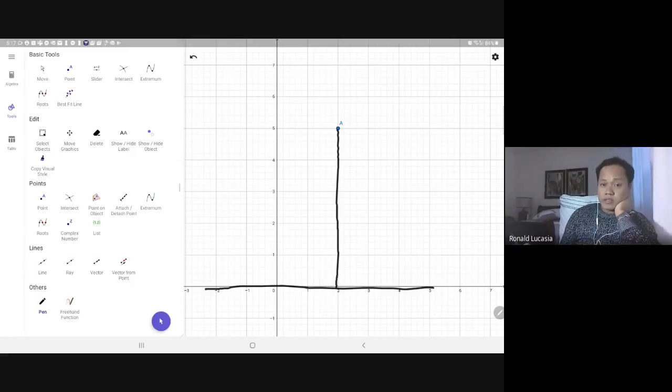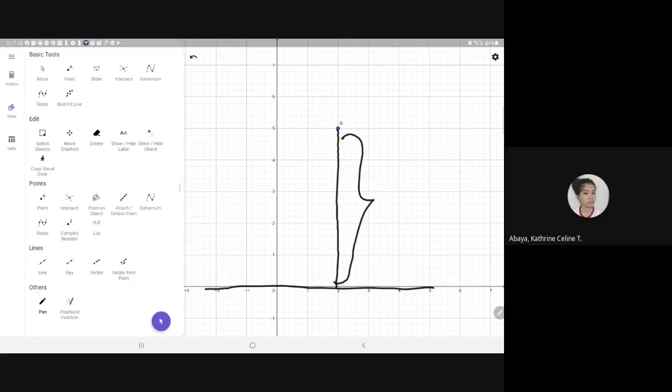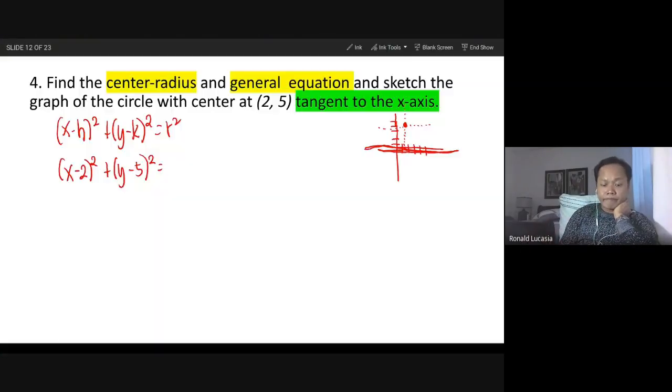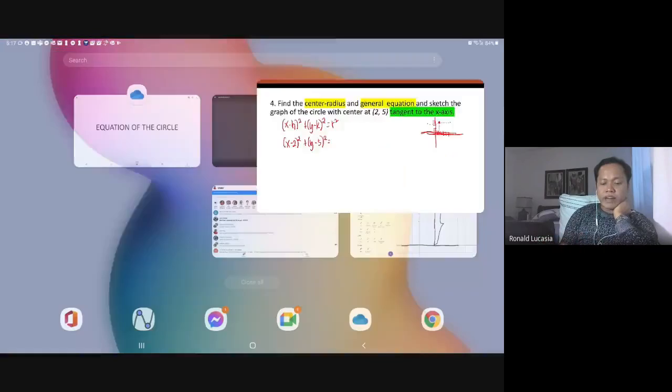What's the radius? This is actually the radius. Catherine? 5 po, sir. Okay. The radius is actually 5.